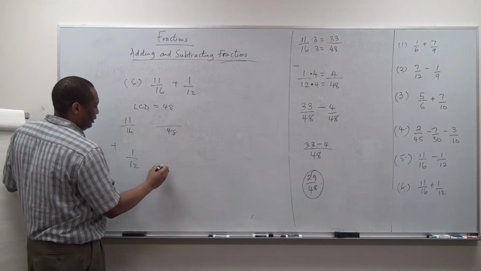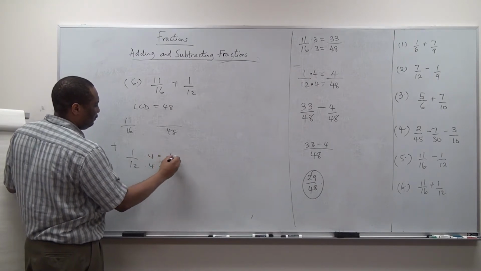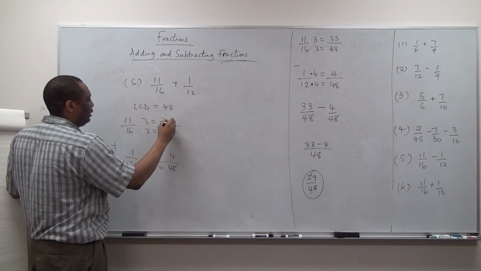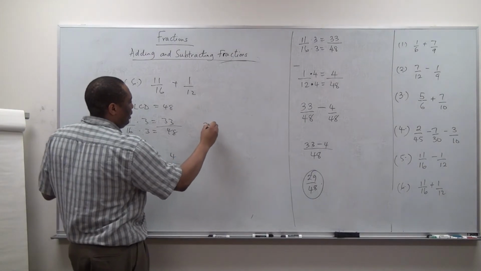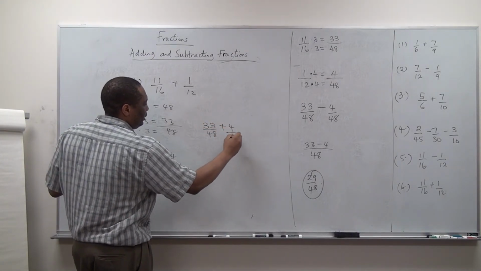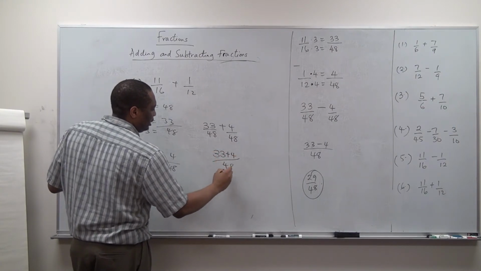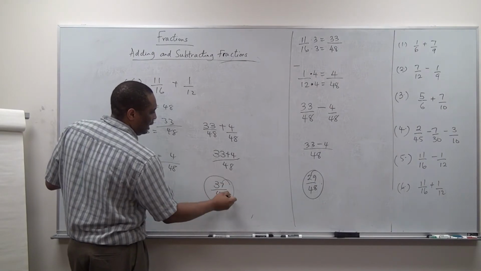This is over 48, times 3 gives you 33. So you now have that this is 33 over 48 plus 4 over 48. And that gives you 33 plus 4 over 48. And that gives you 37 over 48 as the answer.